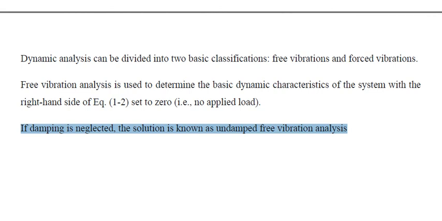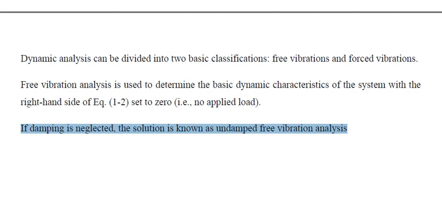What is free vibration? When vibration is happening only with an initial excitation force applied, and there is no further continuous force acting in the system, such types of vibrations are called free vibrations.